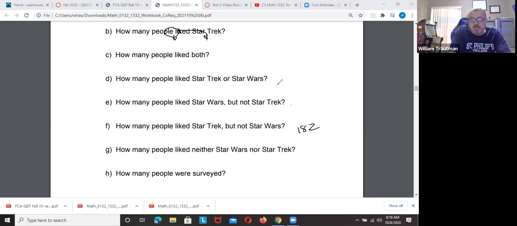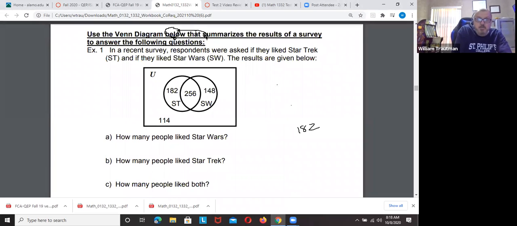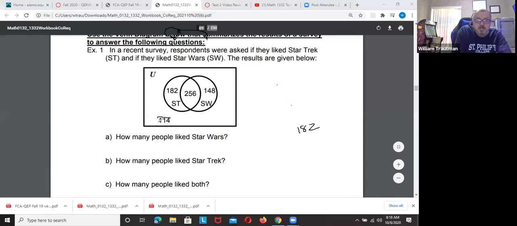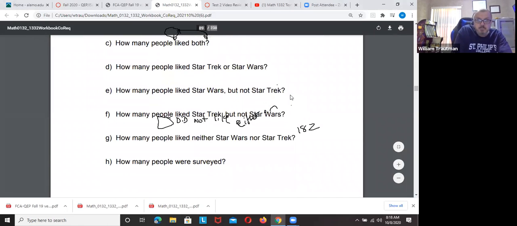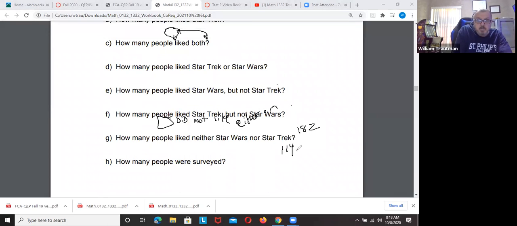We mentioned that already. 114 did not like either one. 114 people did not like either. People like neither Star Wars nor Star Trek.